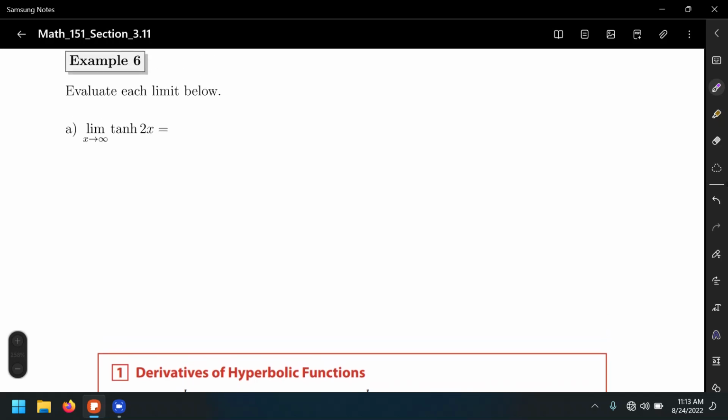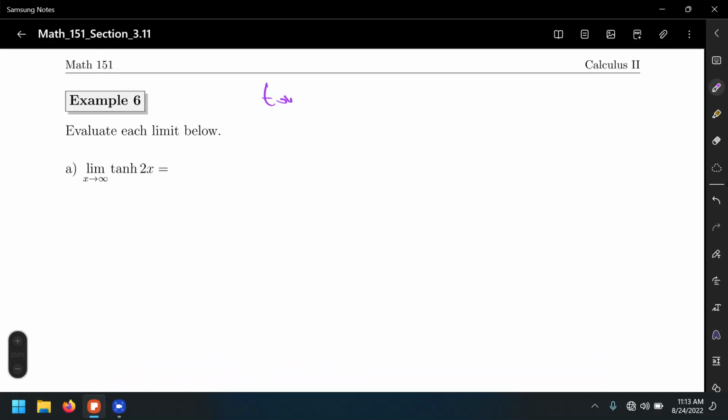And from last time, you might remember that tanh x equals e to the x minus e to the negative x over e to the x plus e to the negative x. That came from dividing sinh over cosh, which is one of the similarities between hyperbolics and trigonometrics. But this is just for x. For the limit that we have here, we have a 2x.